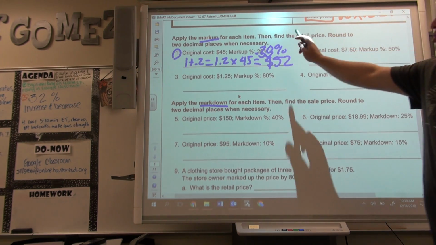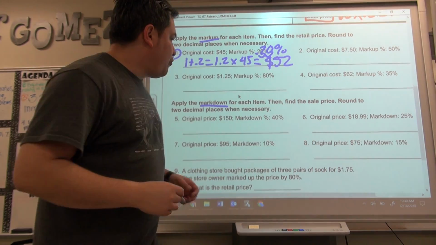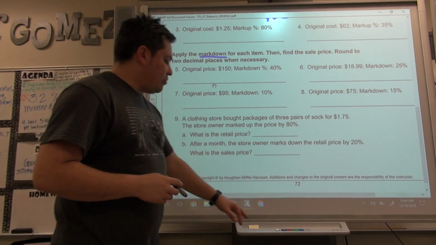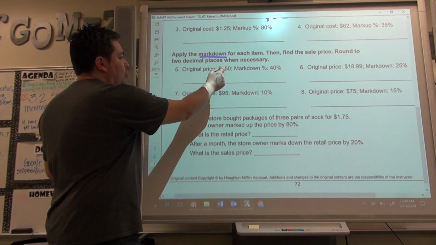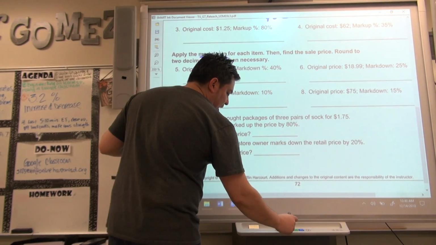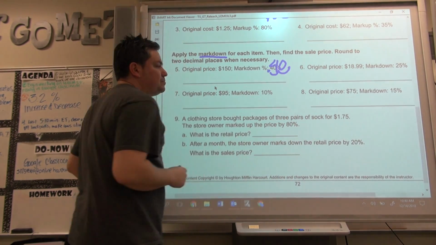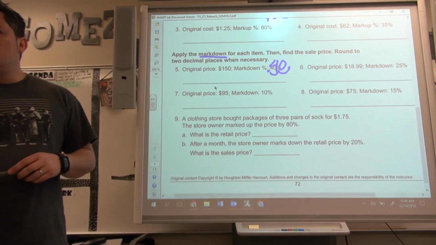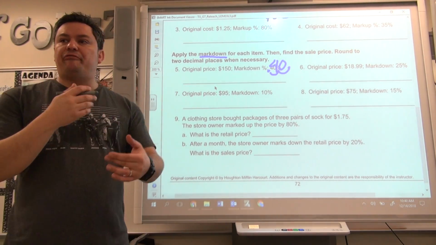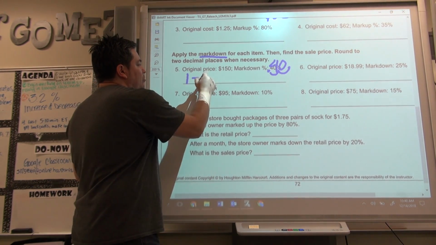Again, convert percent to decimal, add 1 to that, and then multiply by the amount. For markdown, same thing. Convert percent to decimal. So I have original 150, markdown 40%. Convert to decimal is what? 0.4. Now take that away from 1. So it's going to be $1 minus 40 cents.